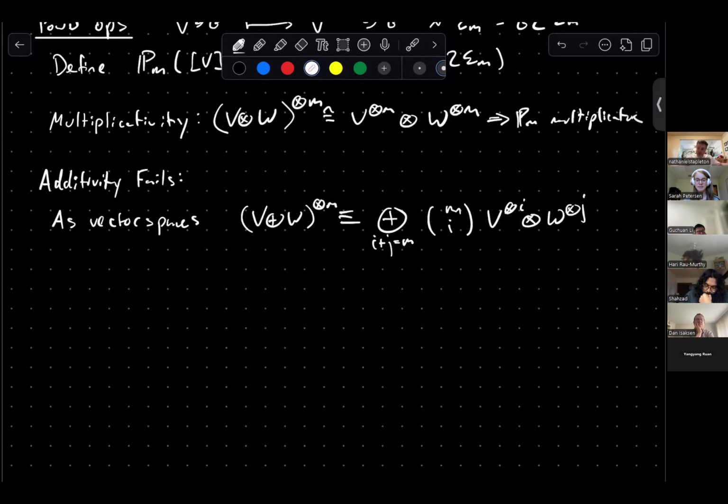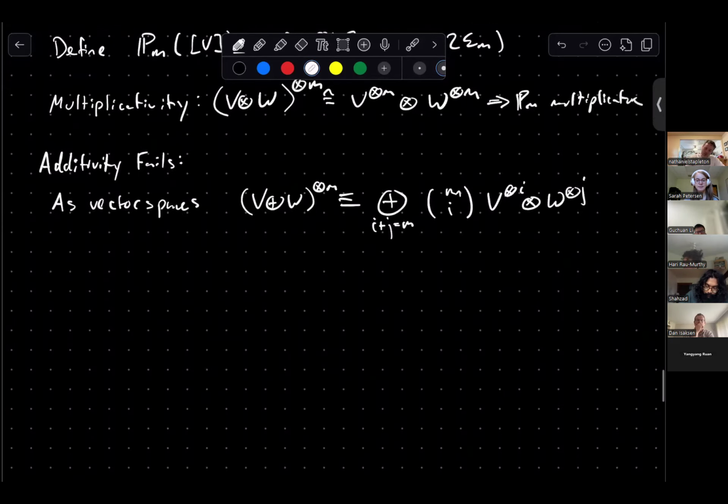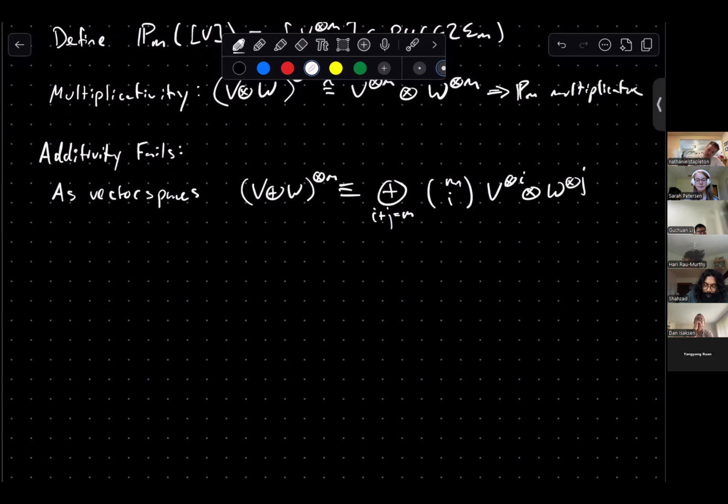But that's just on the level of vector spaces. We want to track the actions. The symmetric group action is the most important. And it turns out that the failure of additivity of these power operations is controlled by the transfer maps.